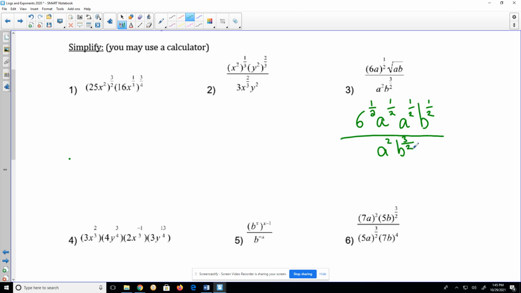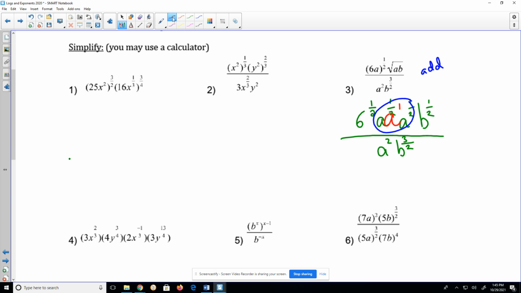If I just want to clean this up a little bit, I can take these two a to the 1/2. a to the 1/2 times a to the 1/2, we're going to add those powers together. So basically I have 2 halves of an a, which I combine into an a to the 1st. So a to the 1/2 times a to the 1/2 is a to the 1st power.